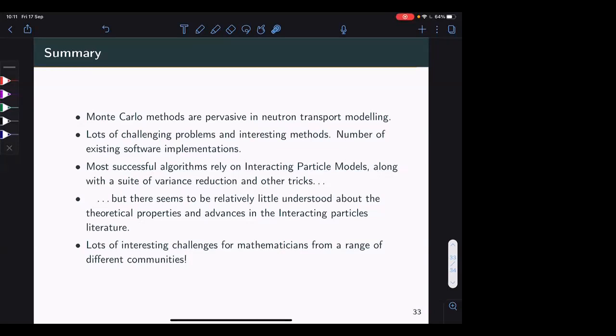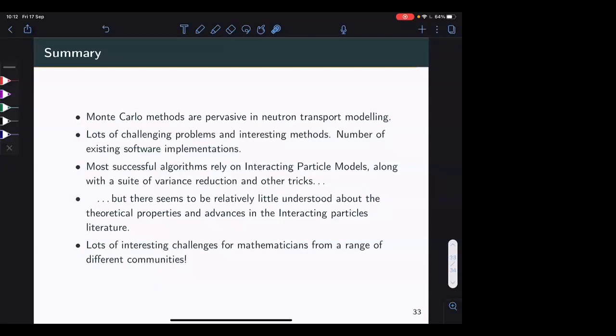The interacting particles literature has undergone lots and lots of developments over the last 10, 20 years. It's not clear to me that a lot of this has fed through to the nuclear transport literature. And there's a question of where it might feed through. What can we say from interacting particles that we can bring through to these simulation techniques, or even vice versa: other interesting things people have been doing in the nuclear industry that might be relevant in the interacting particles literature?